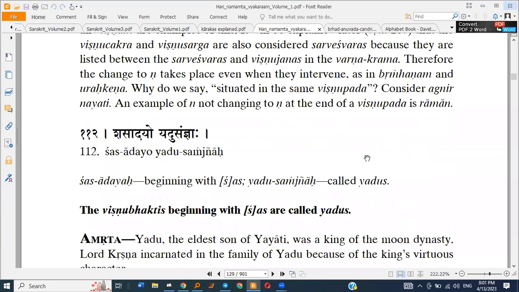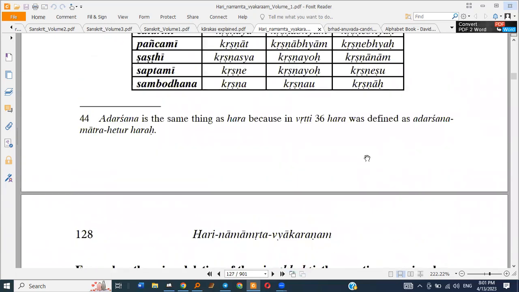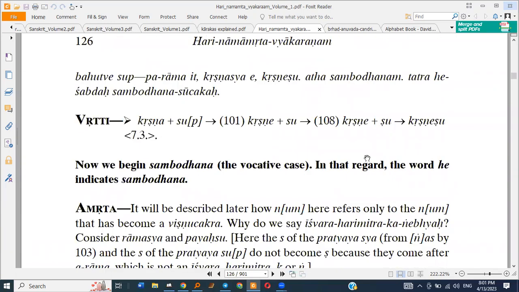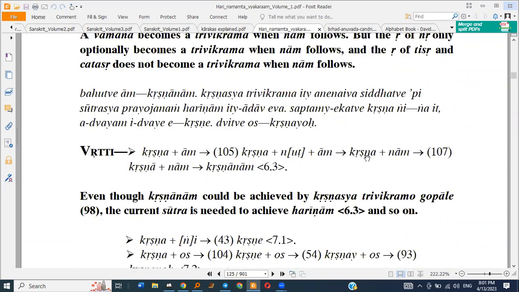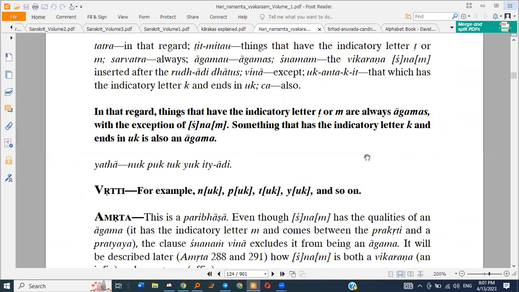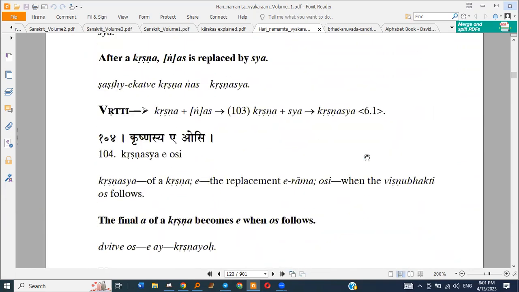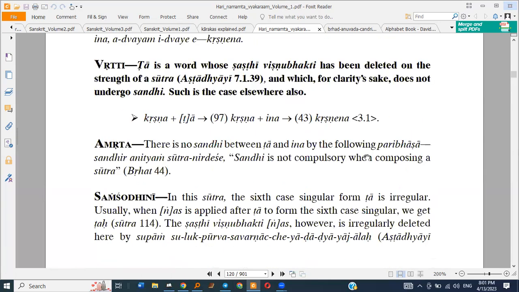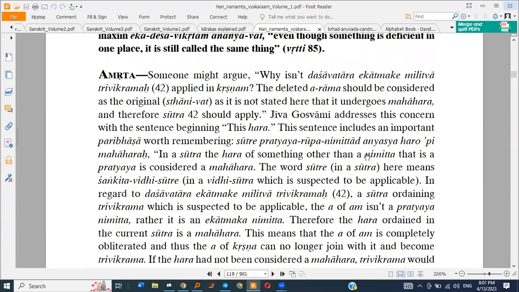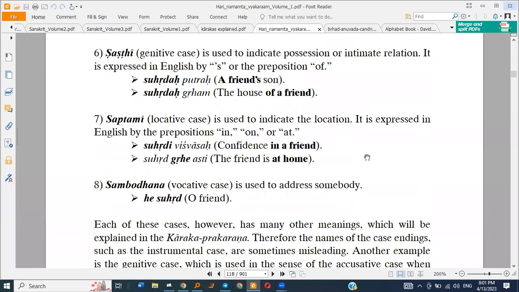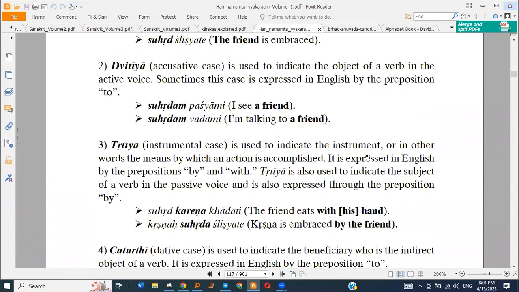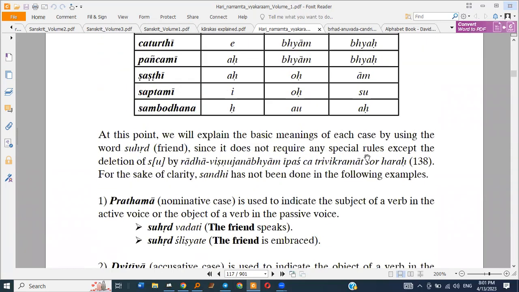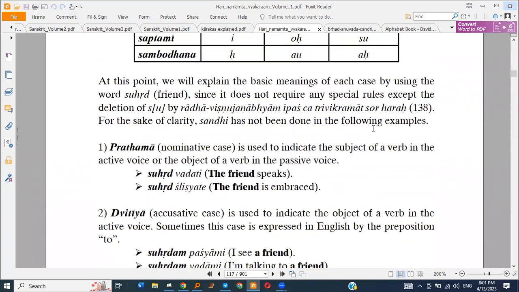Okay, before this, we'll understand some basics about the different cases.